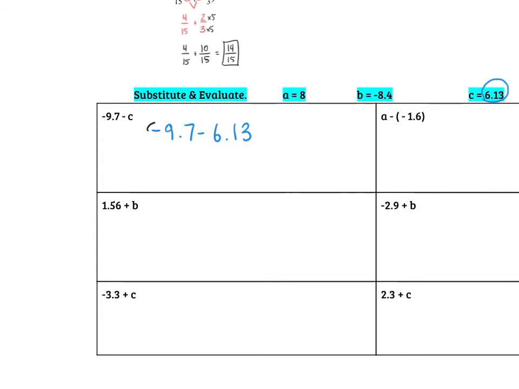Remember, same signs are sad, so we add. You could have either turned them into fractions or just written them as decimals here and added that 0. We add these up here. We get 15.83. Don't forget the negative sign.